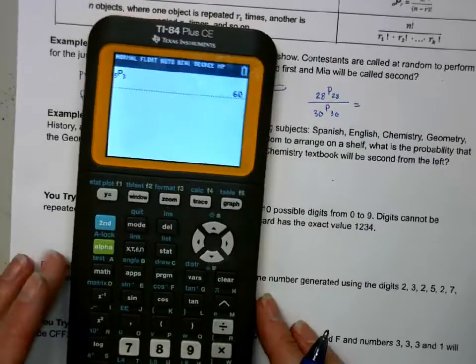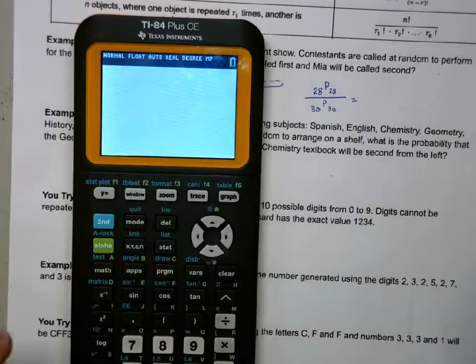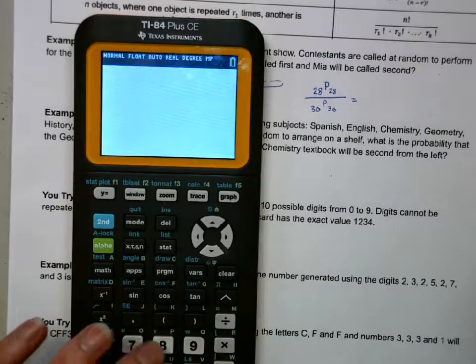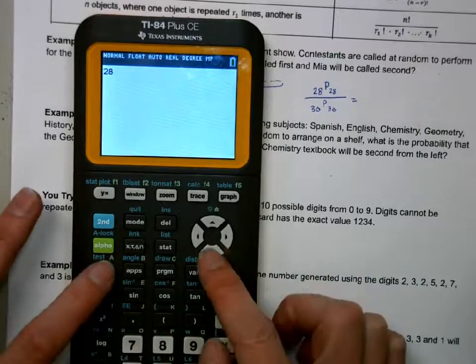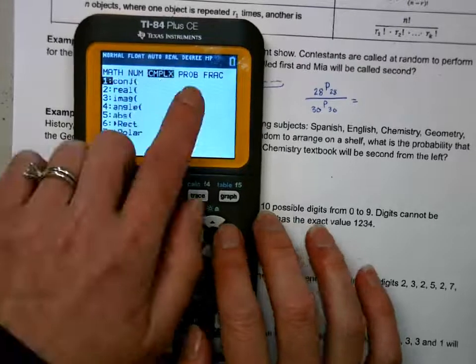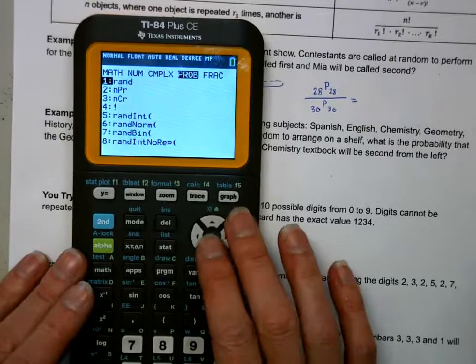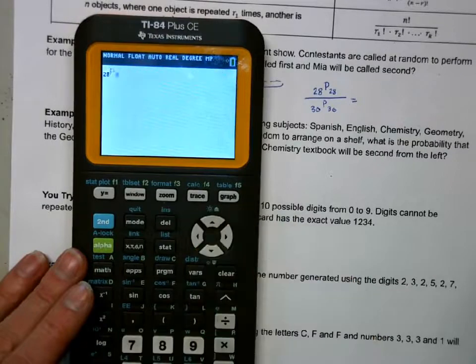In our calculator, there are 2 ways to do this. I'm going to type in 28. Option 1 is to go to math, over to probability, and there's nPr. So I'm going to do 28P28.